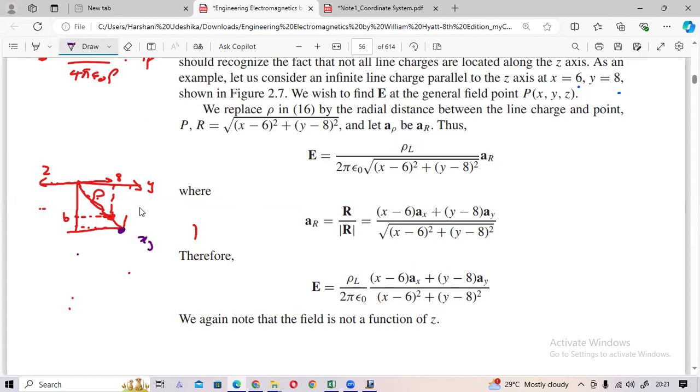This point is X, Y, Z, but Z is not applicable, because we are taking this radial distance. This is the line charge, and this is the point you consider. So this rho is the radial distance.